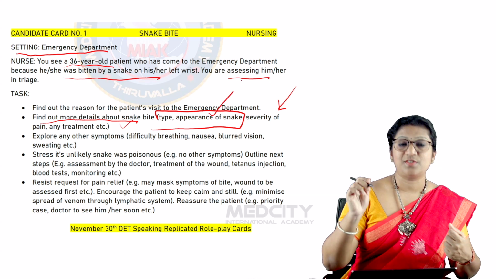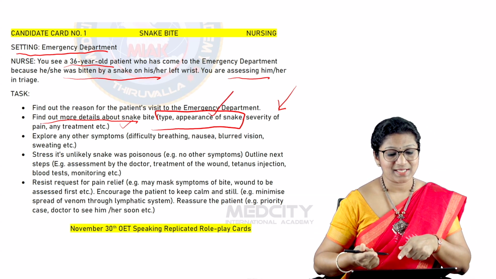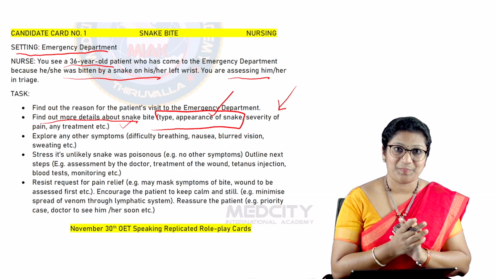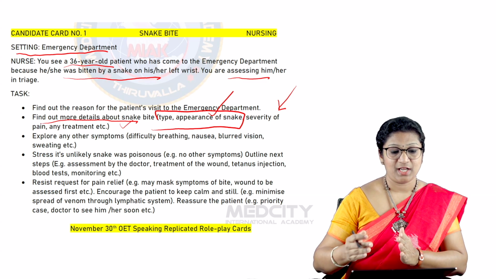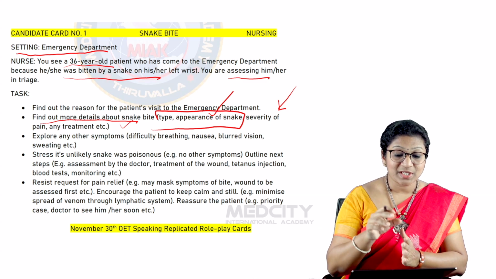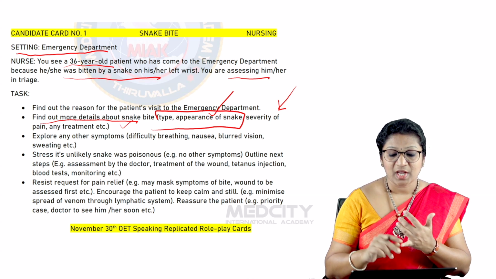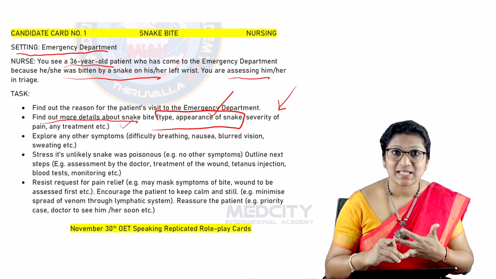First I spoke about the snake, and once I get the response, I go to the next half, which is the severity of the pain and any treatment that was taken. So once the patient describes a snake, I go ahead not to the next task, but to the remaining aspect in that same task, saying, okay, I would also like to know a bit about how severe your pain is.